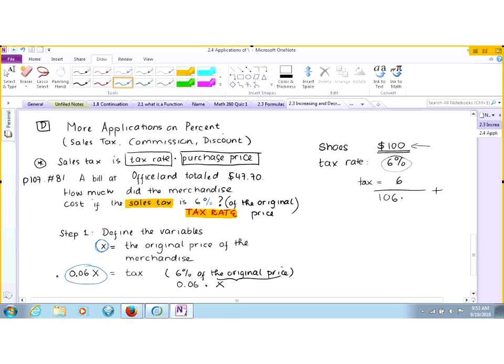So it's not just 6%, it's not just 0.06, but it is 0.06 times X. So remember this, you have to multiply by the original price. Make sense? We're not done here. But do you get it? No? Which part didn't you get?